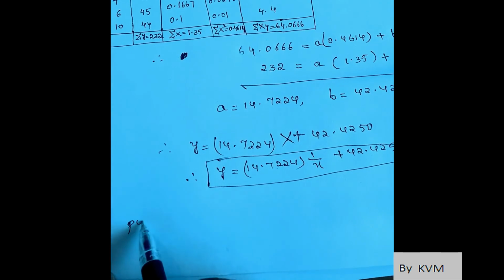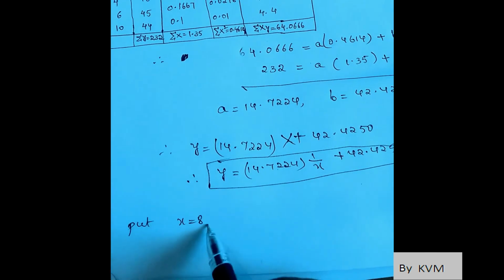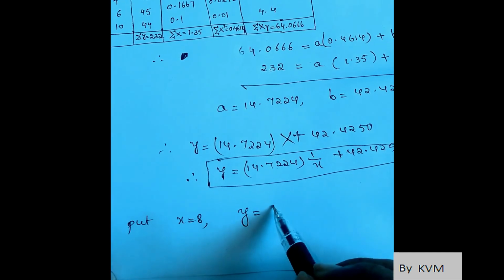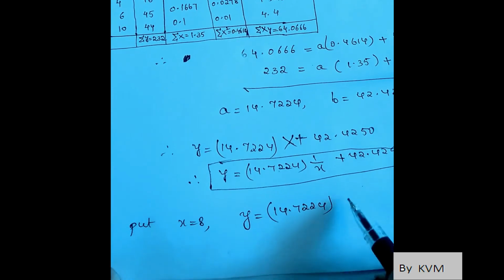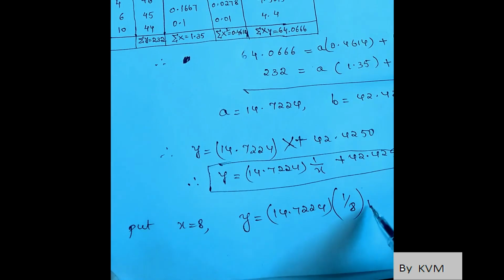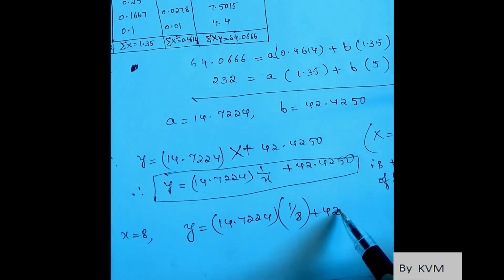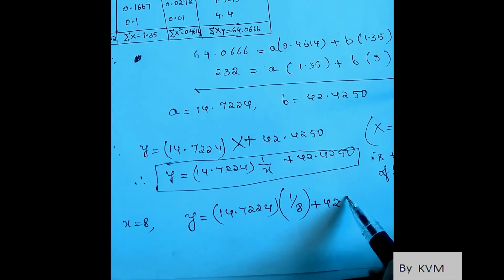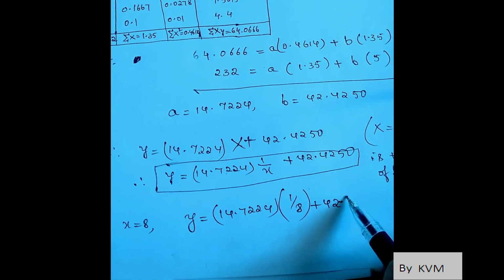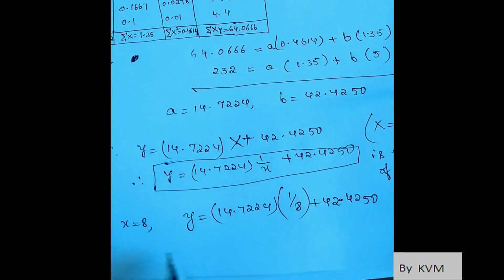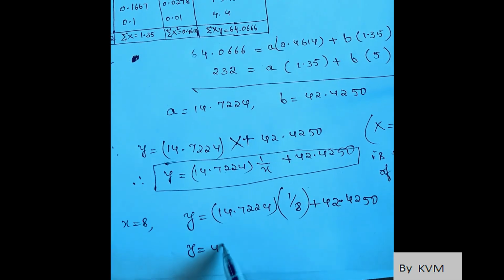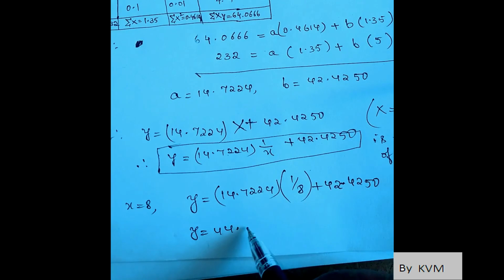So put x equals 8. So y equals 14.7224 into 1 by 8 plus 42.4250. So the value of y is 44.2653.